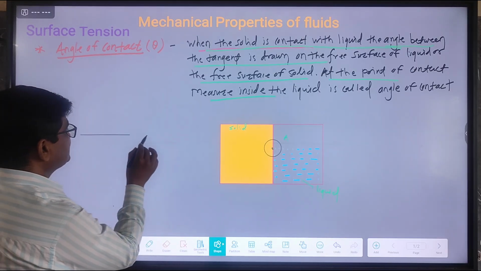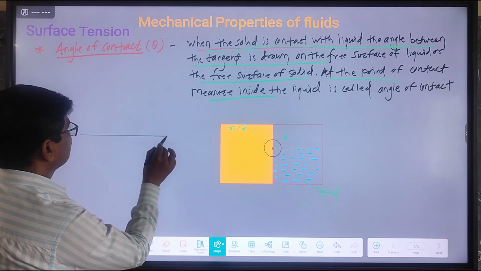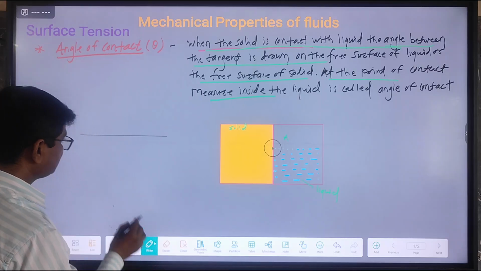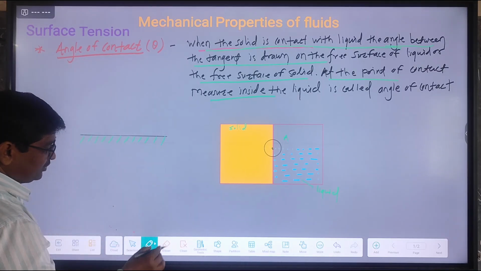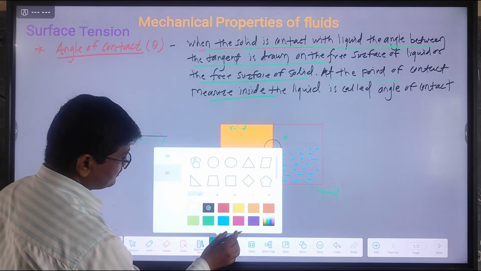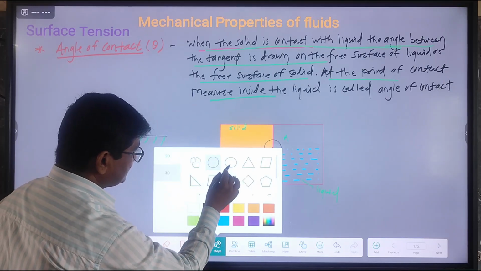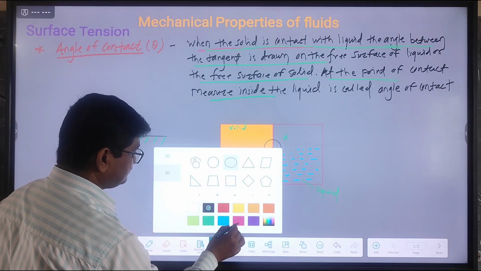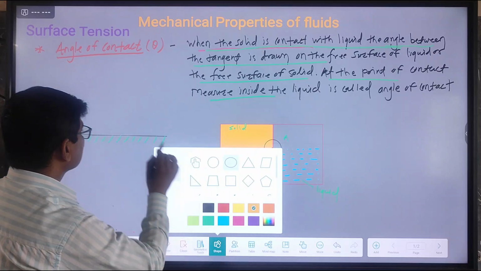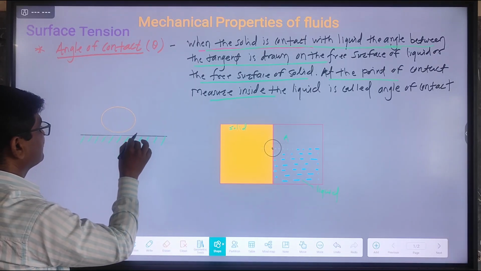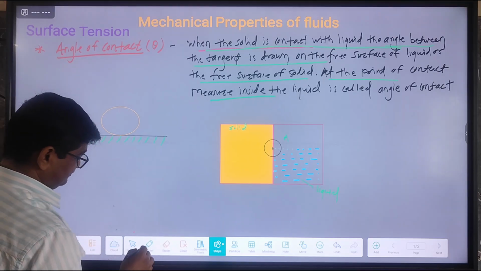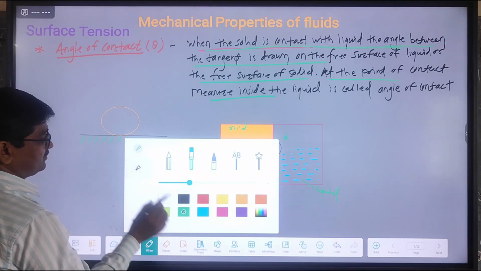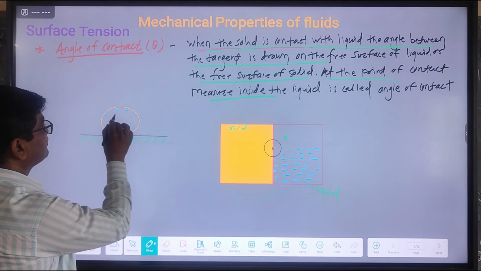Imagine that this is the solid surface, and on the solid surface we are given a drop of water. Imagine that. This is the drop of water.